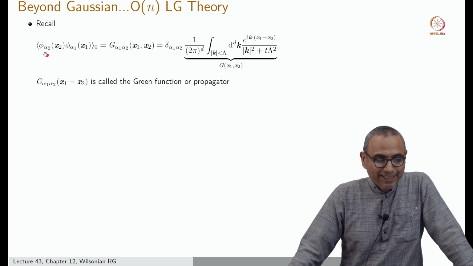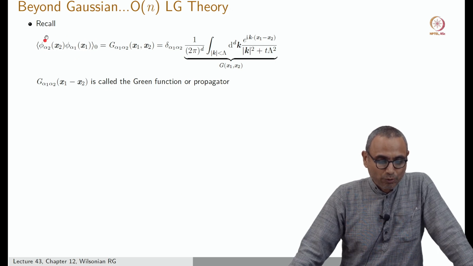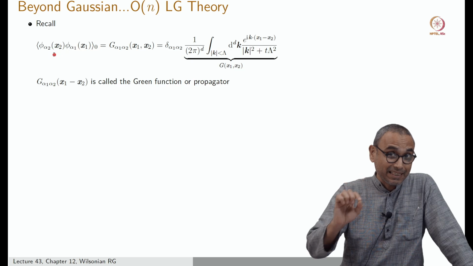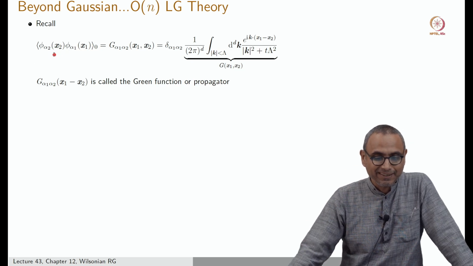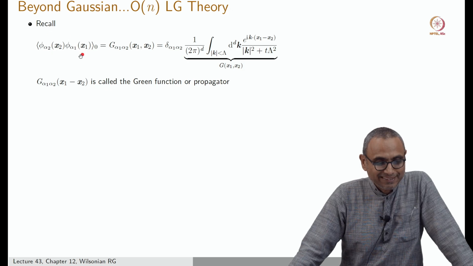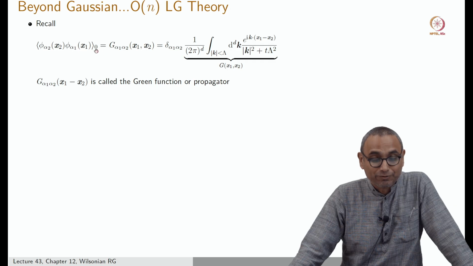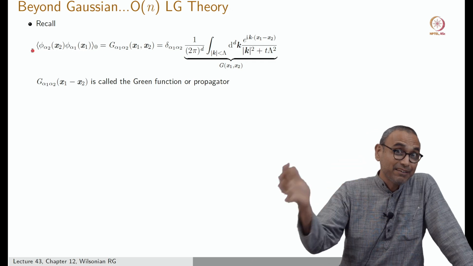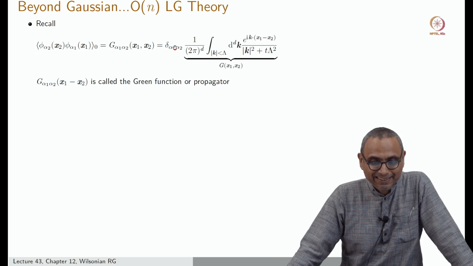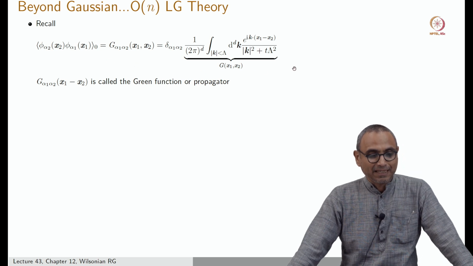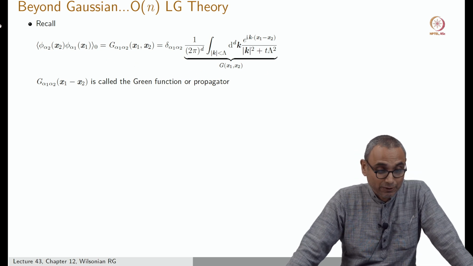And if we now want to compute what this quantity is, we have done this exactly when we were doing fluctuations in the Ginzburg-Landau theory. So if you do this, you will see that it turns out to be the inverse of this G matrix, the inverse of the Helmholtz operator, if you like, and it is this term that we have, and we have computed this before, and that's why this recall is here.